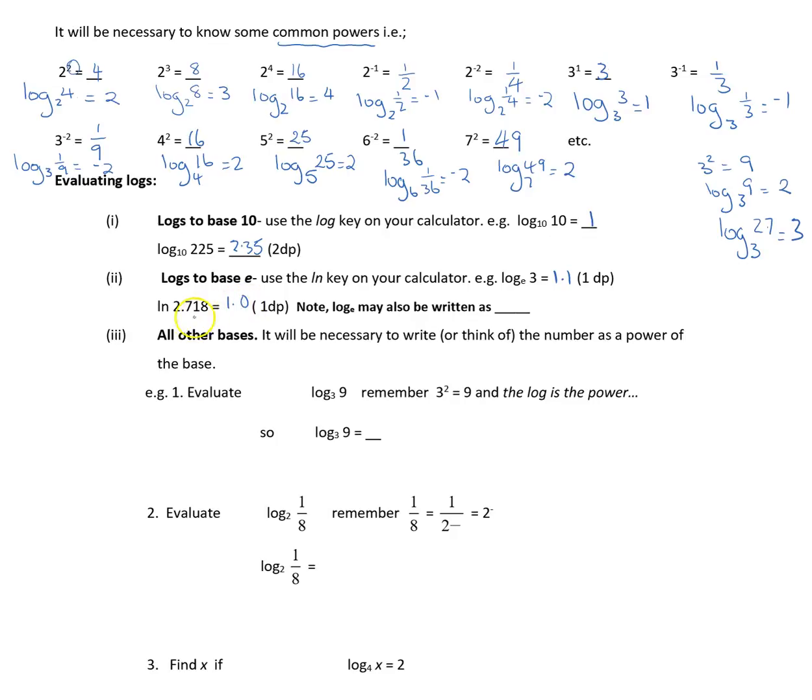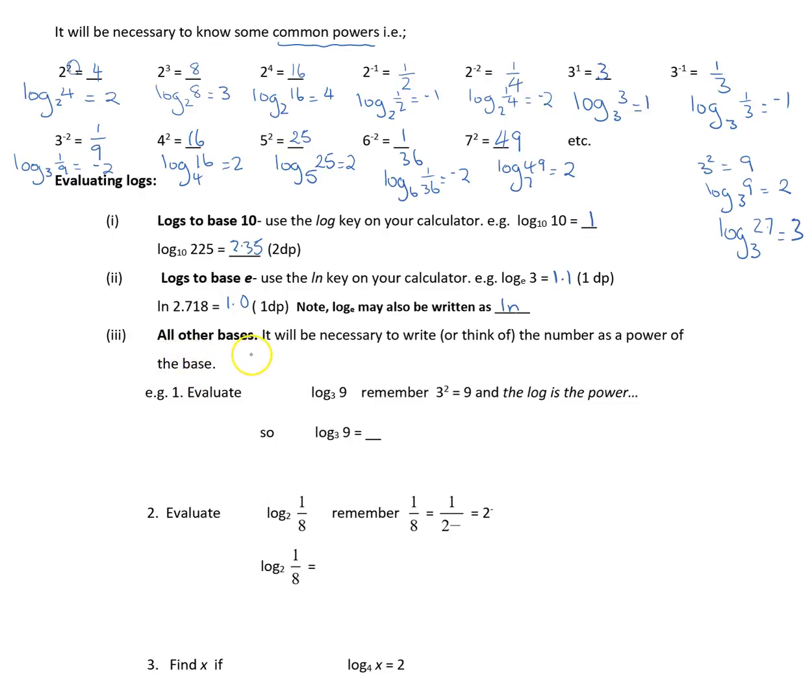So it's just giving you an idea that e is this number 2.718, because remember, ln or log to base e, same notation. Same meaning, different notation. Log to base e or ln.